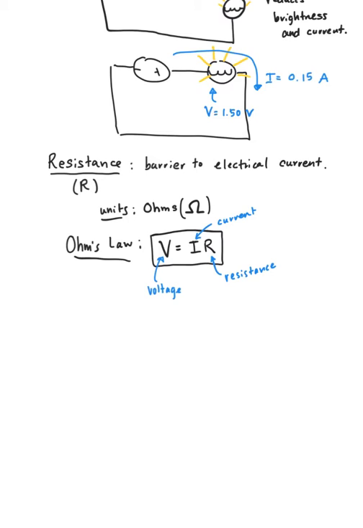The more things that resist current flow for a given voltage, the lower our current must be in order to maintain that voltage. In other words, as R gets large, current, I, gets small, and vice versa.